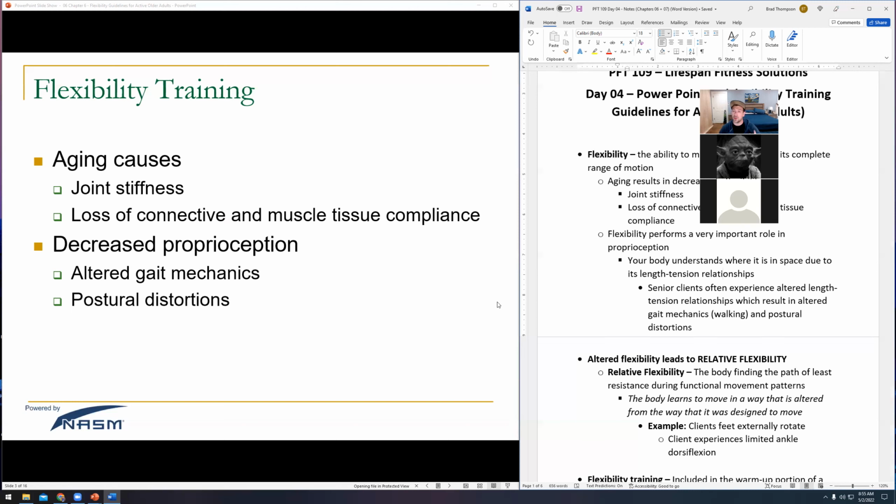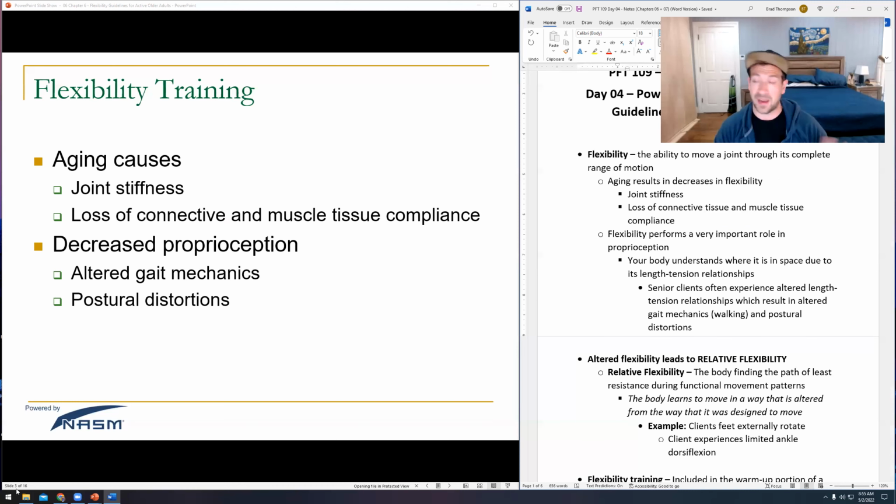Remember, your proprioception's sort of controlled by these muscle spindles and these Golgi tendon organs, right? The muscle spindle is telling your brain how long your muscle is, right? It senses the length of the muscle. And you've got your Golgi tendon organ, which is sensing the tension of the muscle. So if the length of the muscle gets altered, maybe there's some scar tissue there or something like that.